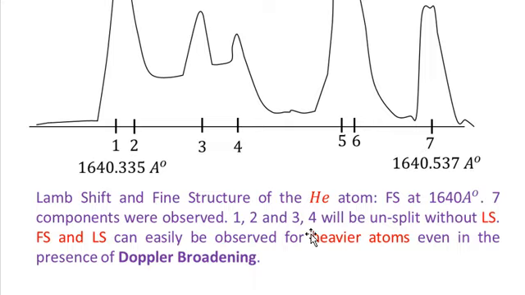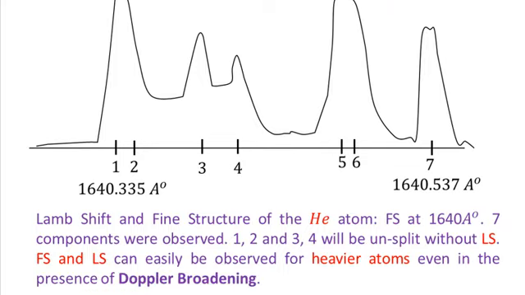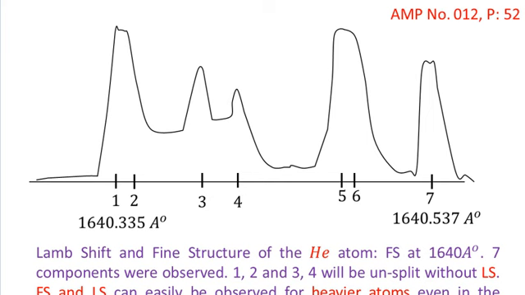So you see that even though Doppler broadening is present in this spectrum, since helium is heavier than the hydrogen atom, we can still identify these 7 wavelengths. 1640 is due to the fine structure, and the other lines are also shown over here.